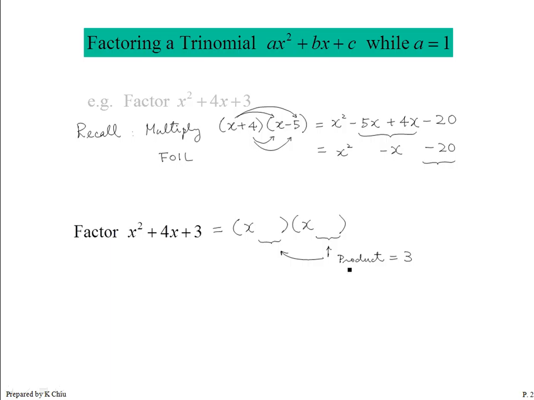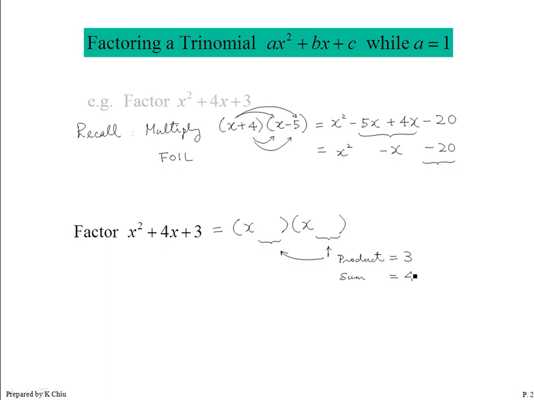And when we add them together, the sum must equal the middle term, 4. So we have two criteria: the product must equal c, and the sum must equal b.